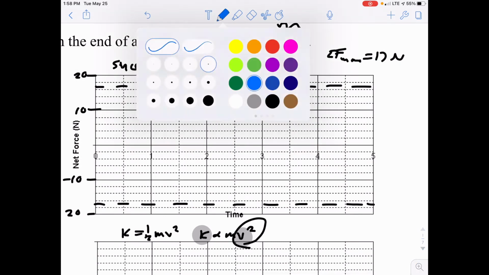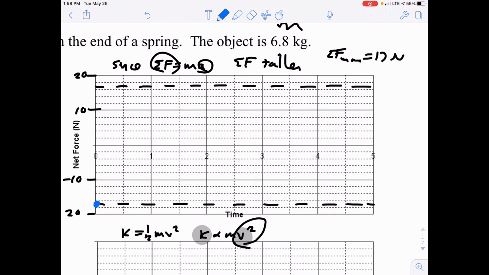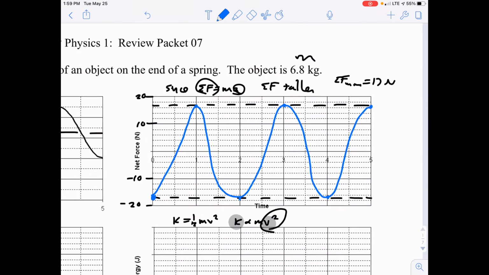I'm starting my graph at negative 17. Every 2 seconds I get back to negative 17, because again it's a negative cosine function. All the other times in between, I'm at the positive amplitude, and my graph is simply a taller version of the acceleration-time graph. Still repeats every 2 seconds.